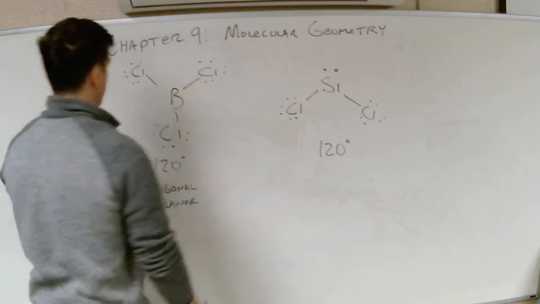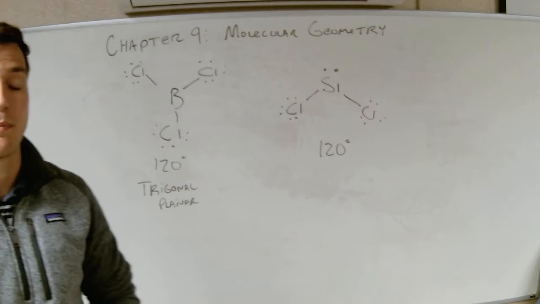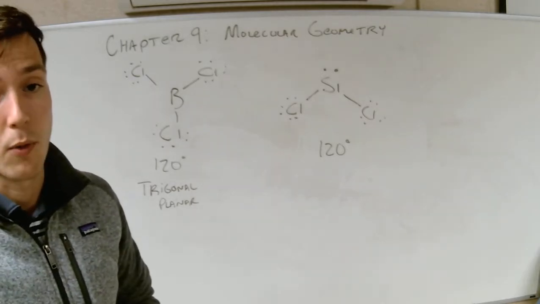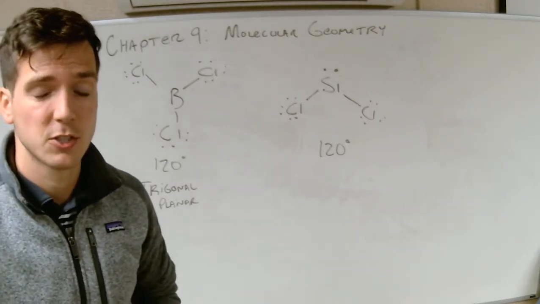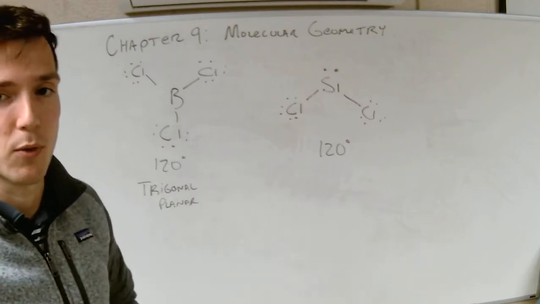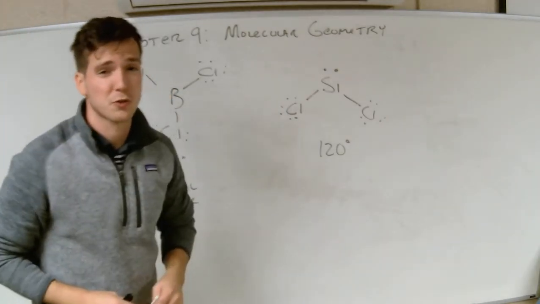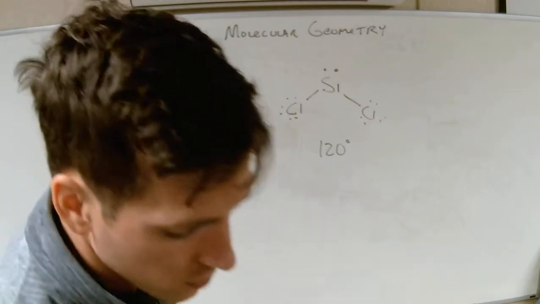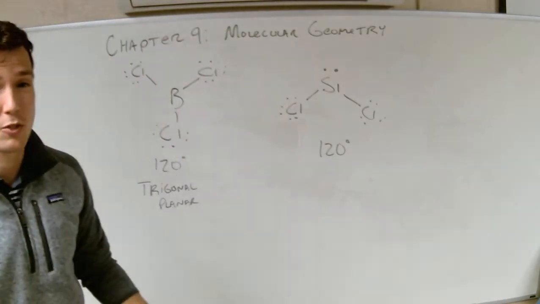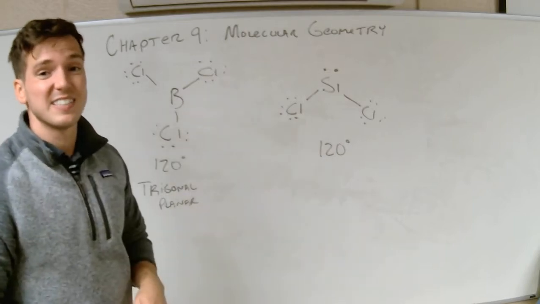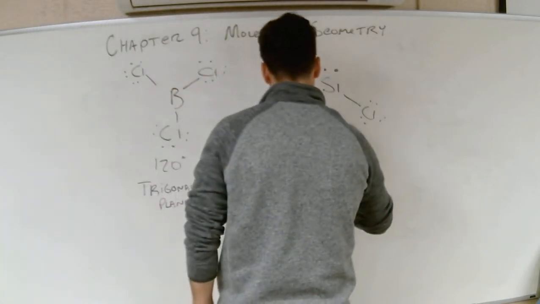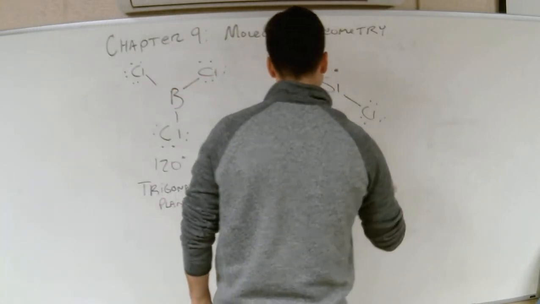This molecule just happens to be nonpolar. It won't be the case for every trigonal planar one, but this one is nonpolar. This guy has 3 domains, but he is no longer trigonal planar. He doesn't have 3 atoms, so he can't be trigonal. What this guy is, is bent.